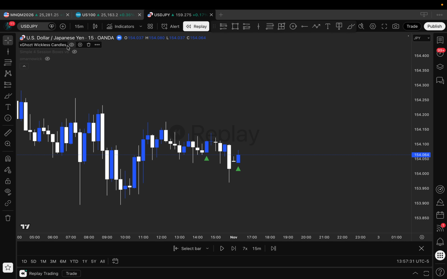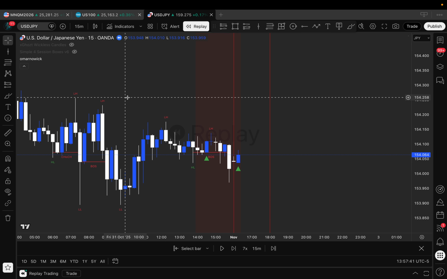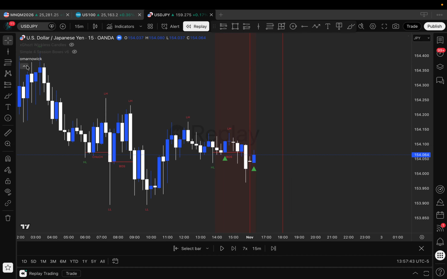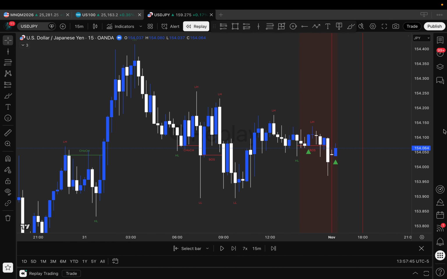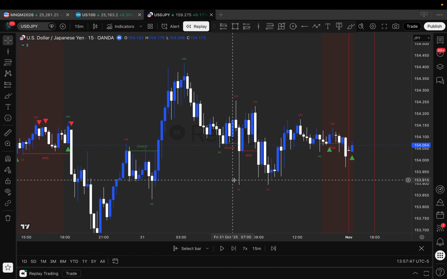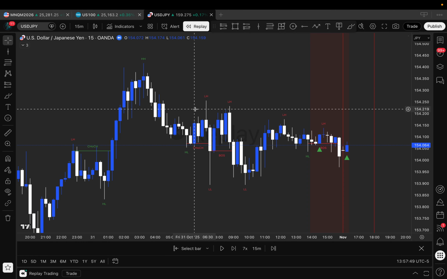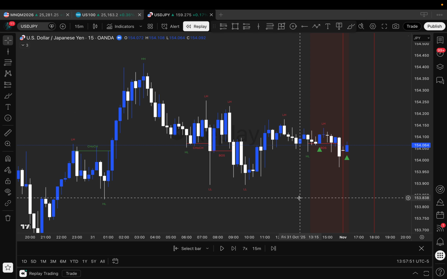If you want to have the trend and the indicator, you can use the Omar No-wick indicator, which will automatically save you time by reading the trend.